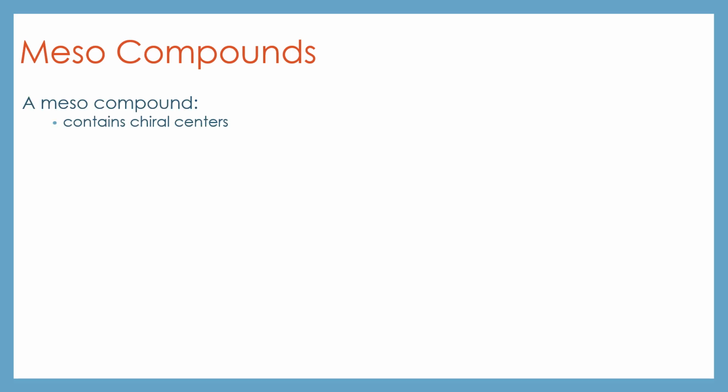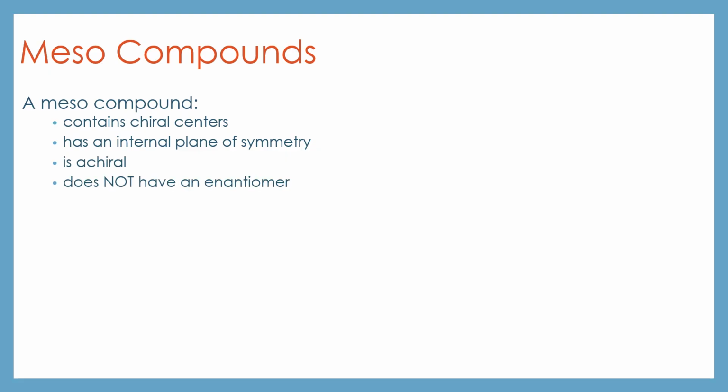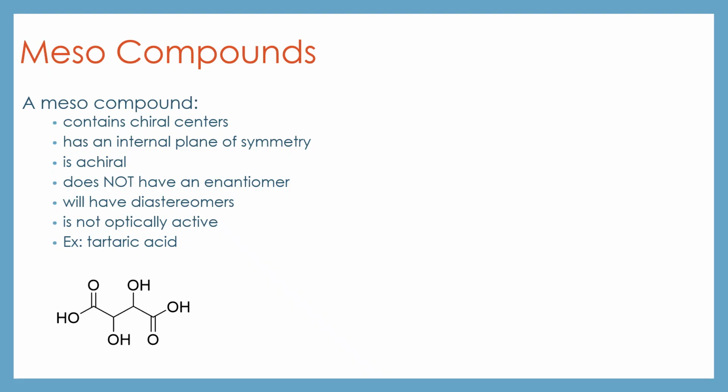A meso compound contains chiral centers and has an internal plane of symmetry, which causes it to be achiral itself. It does not have an enantiomer, but it will have diastereomers. A meso compound is not optically active. This is something we're going to talk about in the next video, but I'm just combining all of the meso information here. A good example of a meso compound is tartaric acid.